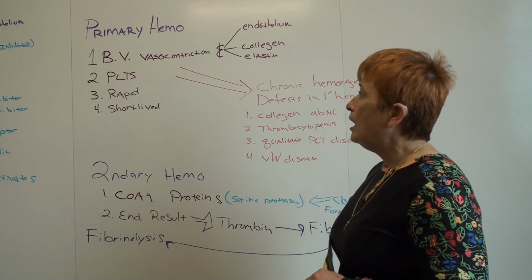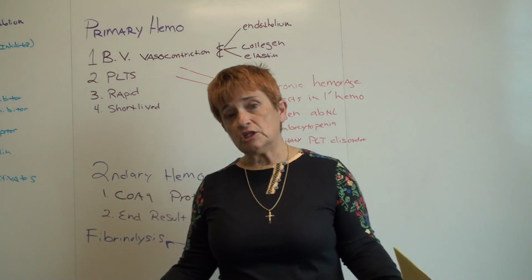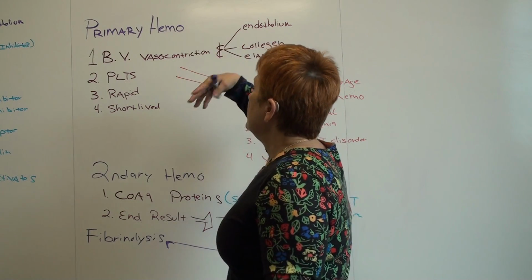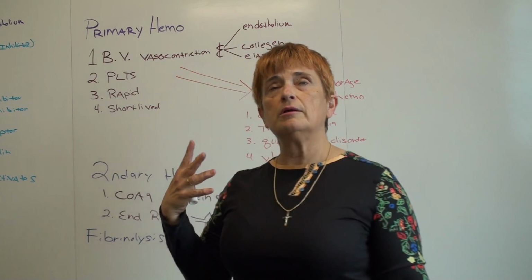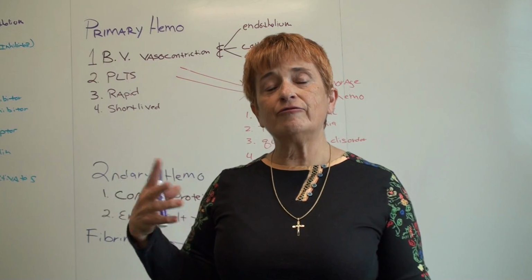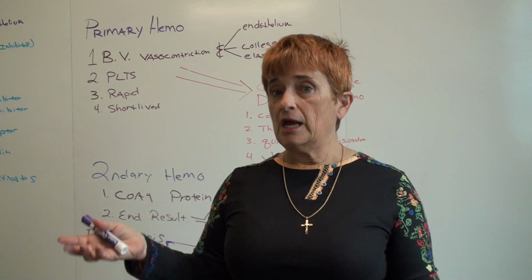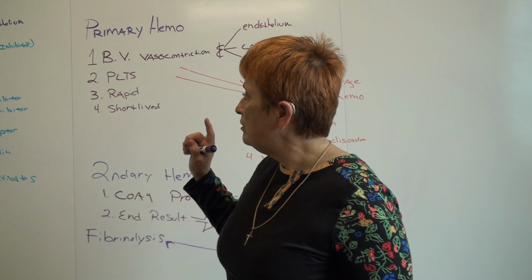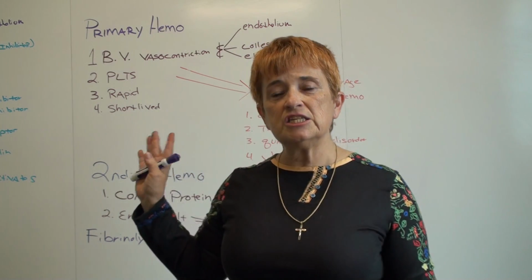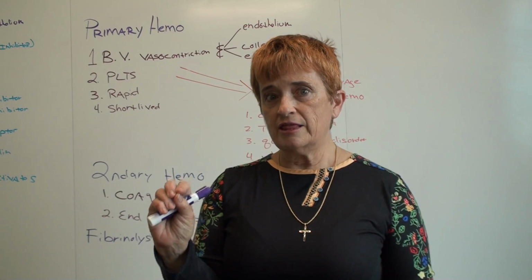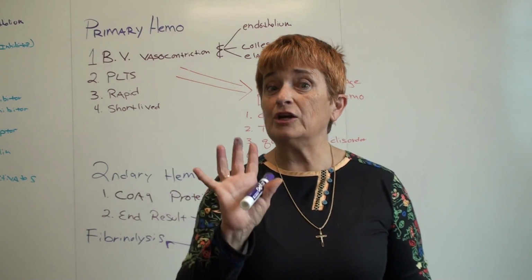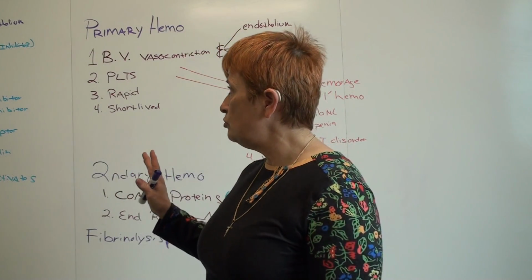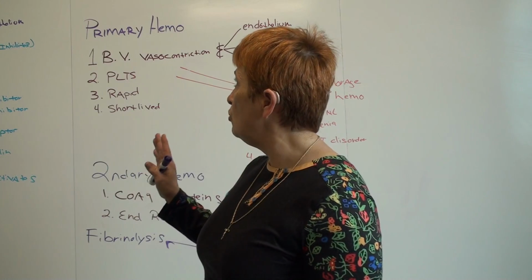Now, I also mentioned that my blood vessels have normal anti-clot forming properties. And so I'm going to list, let me see, I'm going to list 7 different ways that my endothelium, my normal functioning endothelium, is going to work as an anticoagulant.